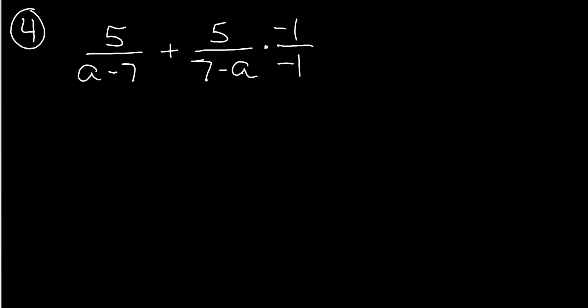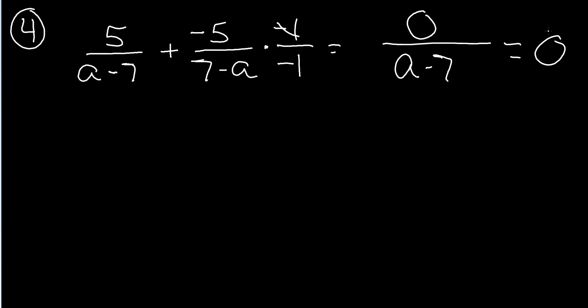If I multiply negative 1 times 7 minus a, I end up with a minus 7. What I do to the bottom, I do to the top. This negative 1 times 5 makes this negative 5. So I'll have my denominators the same as a minus 7, but then the top is going to be 5 minus 5, which is 0. And 0 over anything equals 0.